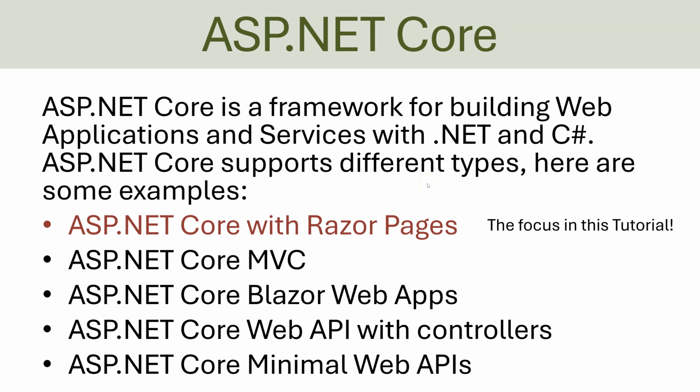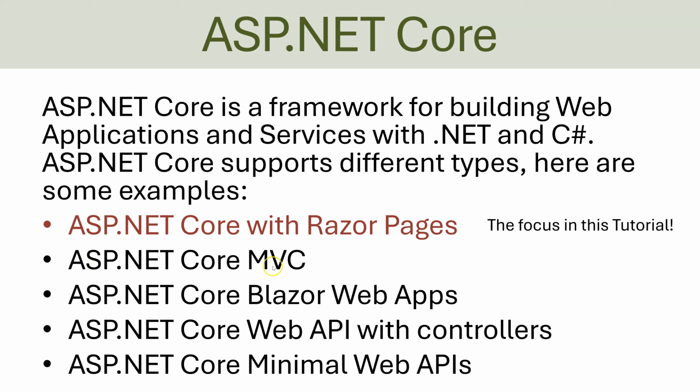So ASP.NET Core is a framework for building web applications, but you can also build different types of services, etc. And you are using this .NET and the C# programming language in combination with Visual Studio. ASP.NET Core supports different types. So we will use this ASP.NET Core with Razor pages, which will be the focus in this tutorial, but you have also other versions of ASP.NET Core that you can use.